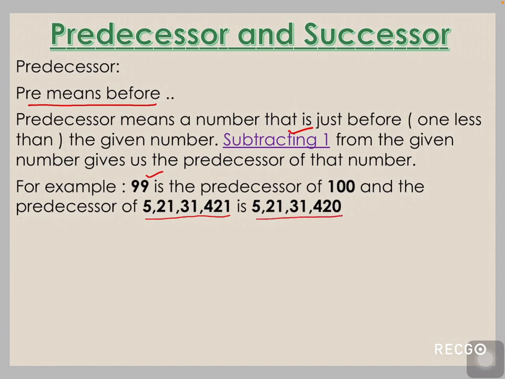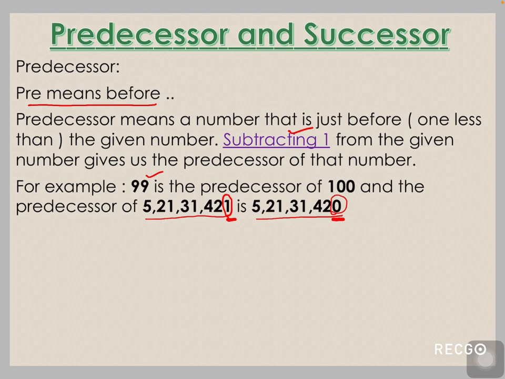You can clearly see it is an 8-digit number. 8-digit number means 5 crore 21 lakhs 31,421. See, there is no such difference. 5 crore is as it is, 21 lakh is as it is, 31,000 is as it is, 420 is as it is. Only the difference is of 1. So where you have to add 1 or subtract 1 is from the ones place, that means units place. Rest all the digits will be the same.